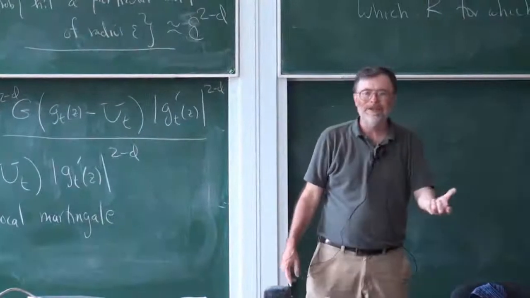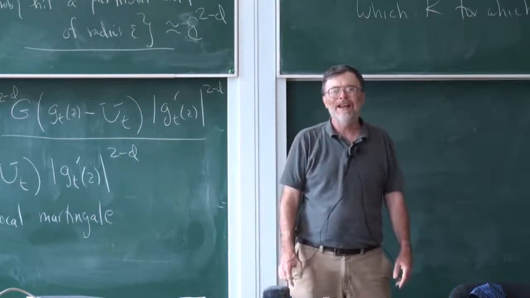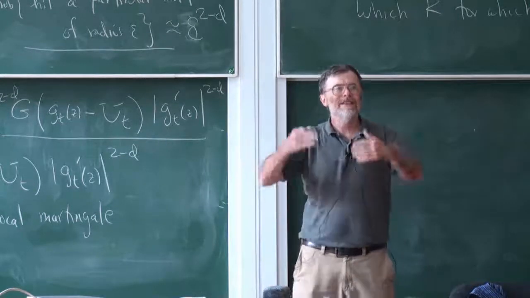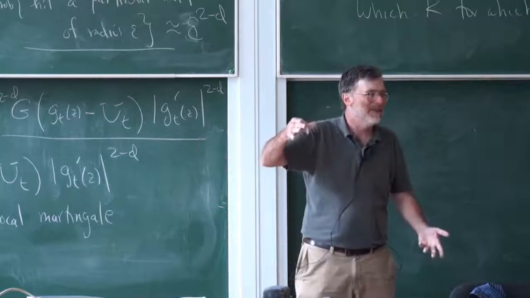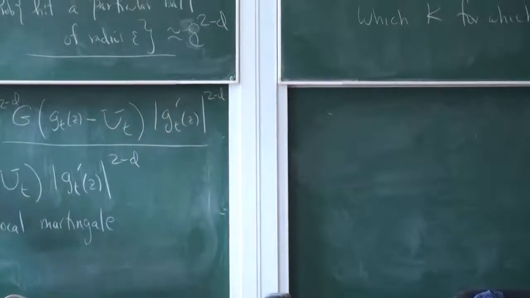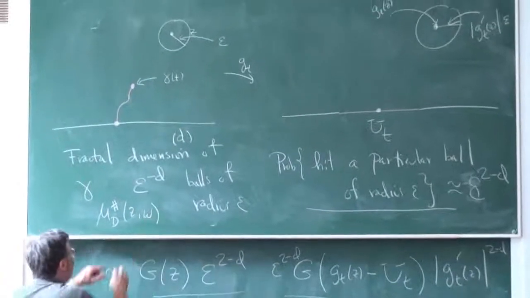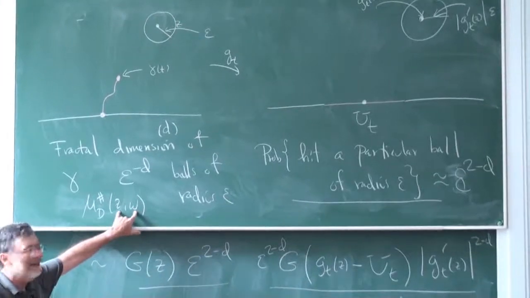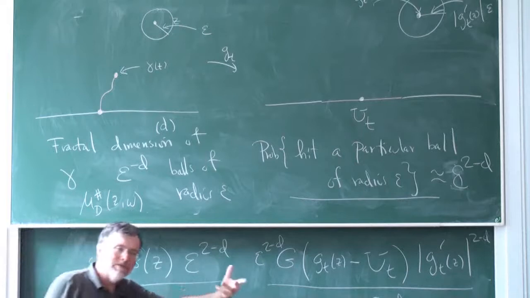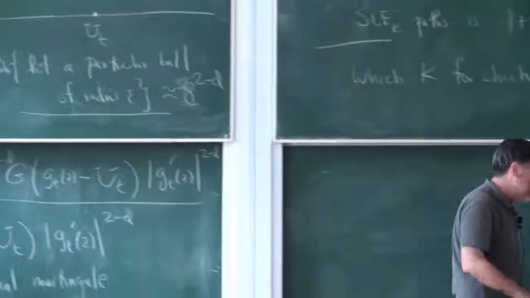Now, one of the assumptions was that SLE is conformally invariant. How do I define SLE in other domains, simply connected domains? I just define it to be the conformal image of what I had from 0 to infinity. So mu sharp D, z w, if D is simply connected, z and w are boundary points, is just the image under the conformal transformation of SLE in the upper half plane.